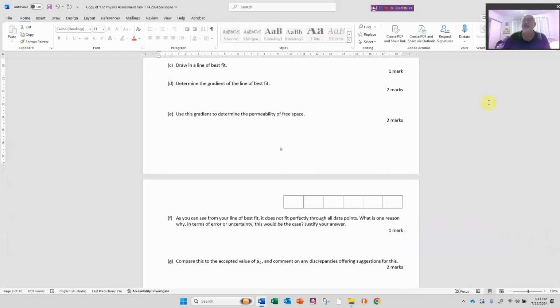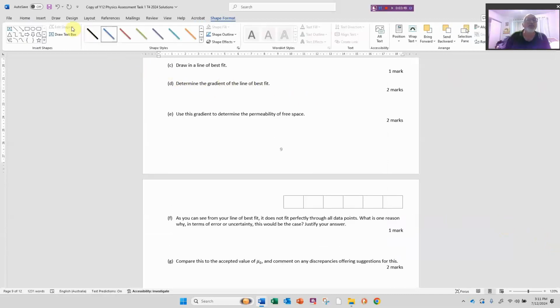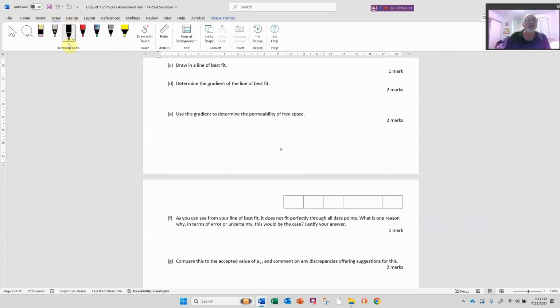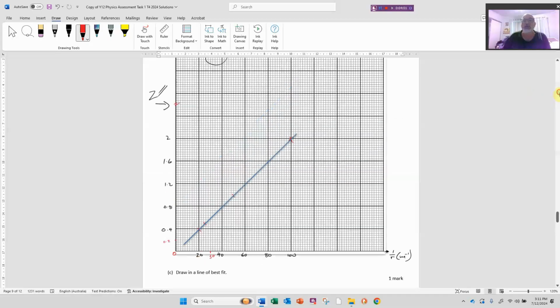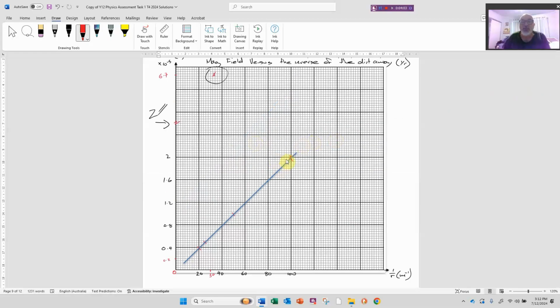So determine the gradient of the line of best fit. So the gradient of the line is, if you remember our formula, you can use Y2 minus Y1 over X2 minus X1, or simply rise over run. So let's have a look. We'll take this one here, which was 100 across, comma 2 by 10 to the negative 5.